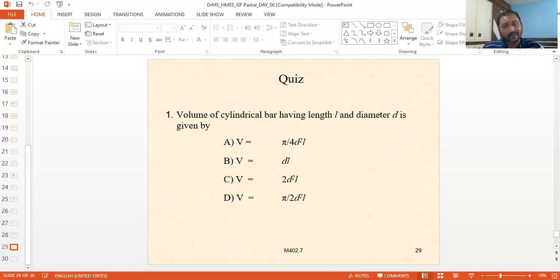So area means pi by 4 into D square into L. So option A is the correct one.